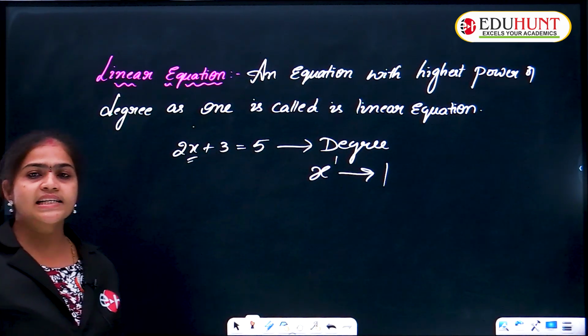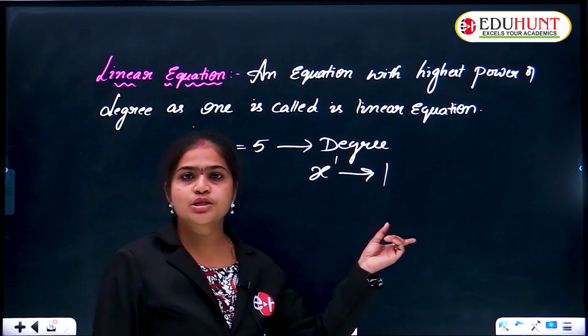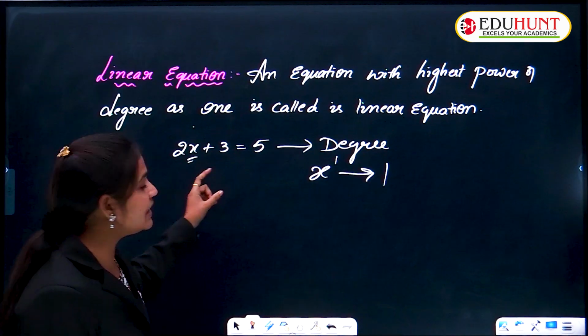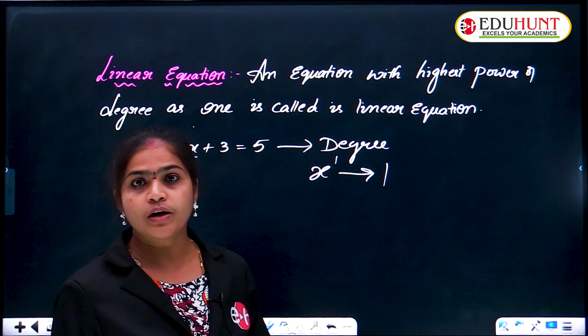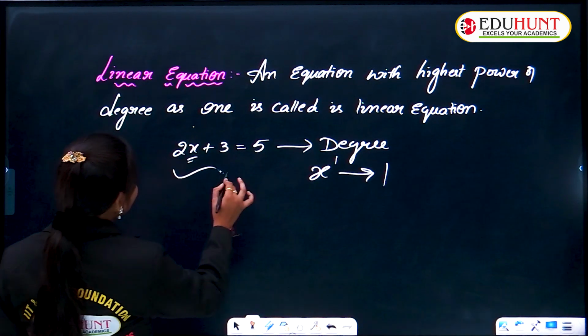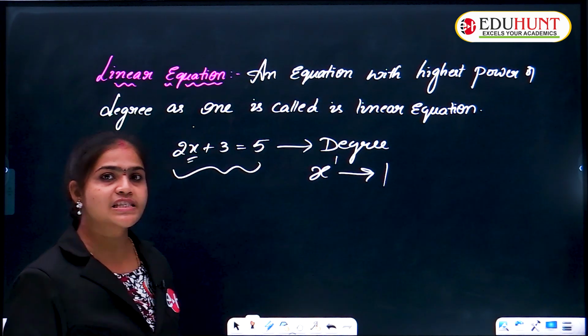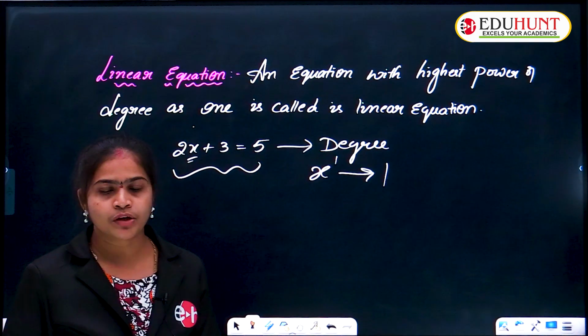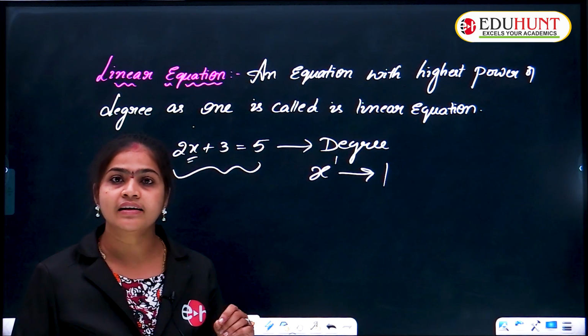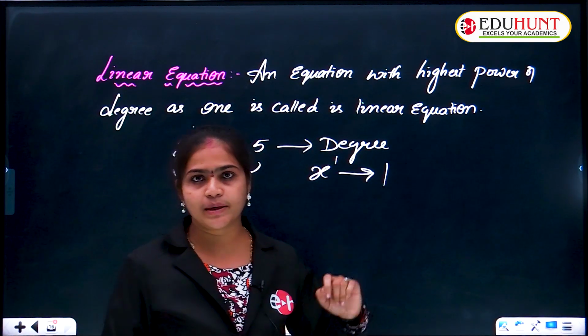The highest power is 1 only, no? Then we can consider this equation a linear equation. And this equation contains how many variables? Only one variable. A linear equation with one variable is called a linear equation in one variable.